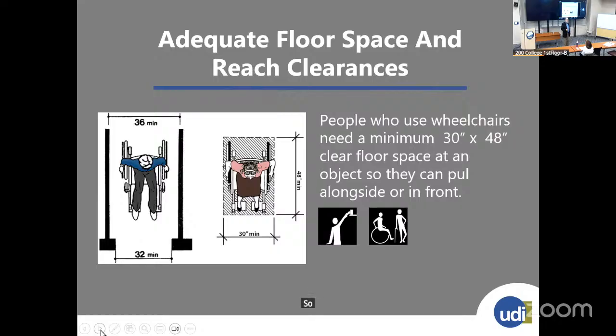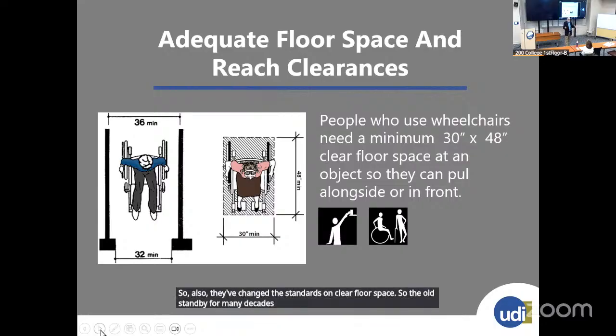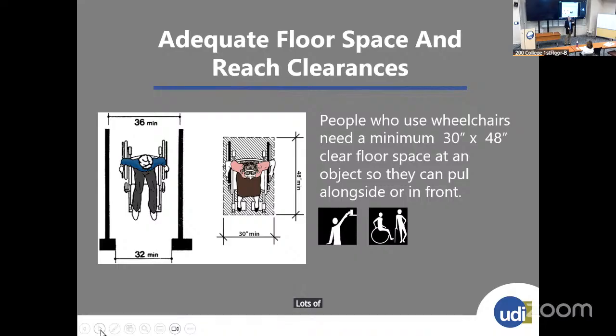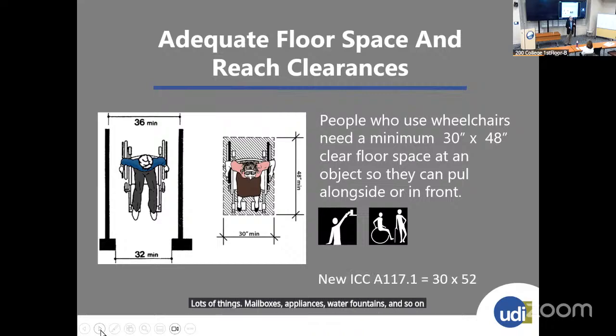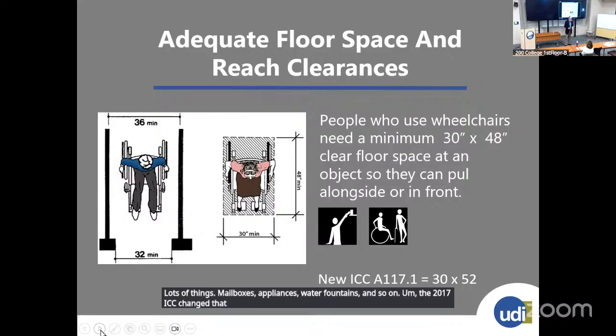So also they've changed the standards on clear floor space. The old standby for many decades, well, you have to assume a 30-inch wide by 48-inch long amount of space, a rectangle that someone in a wheelchair needs to have to get up to lots of things, mailboxes, appliances, water fountains, and so on. The 2017 ICC changed that, interestingly, just to 52.